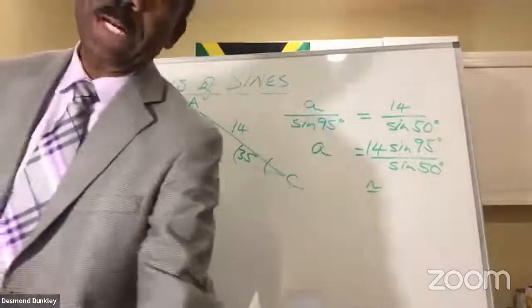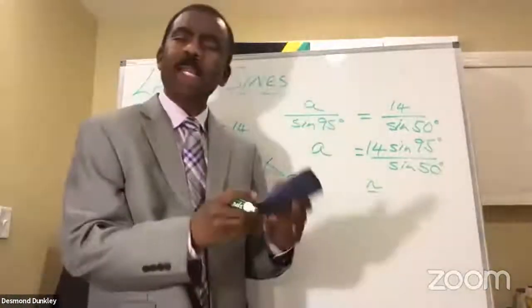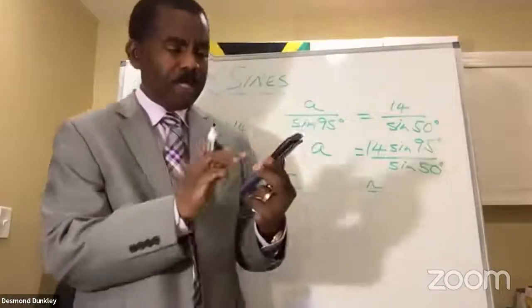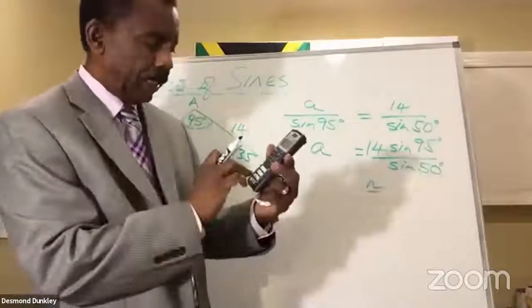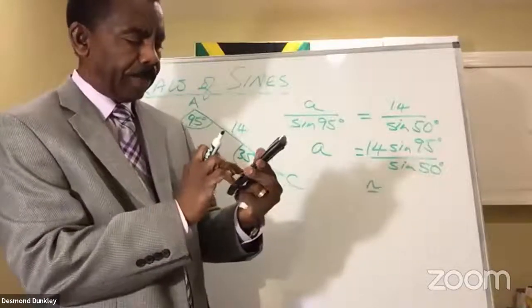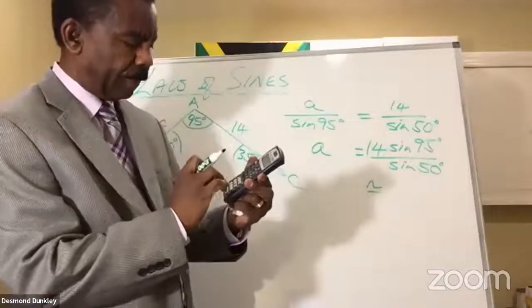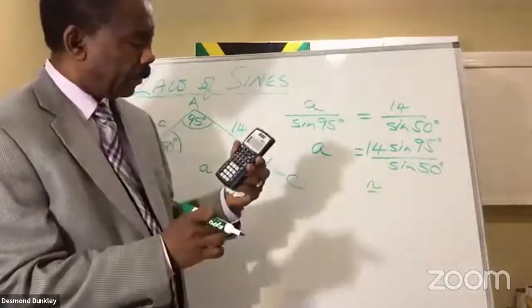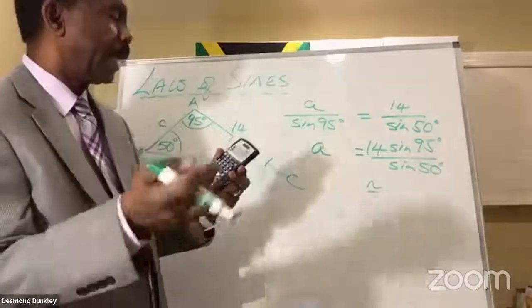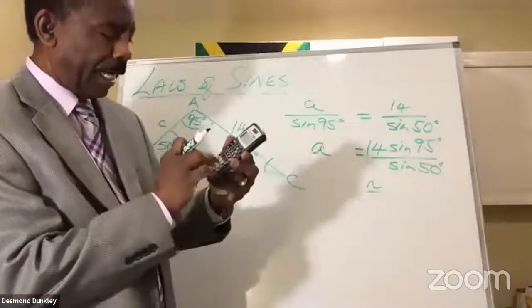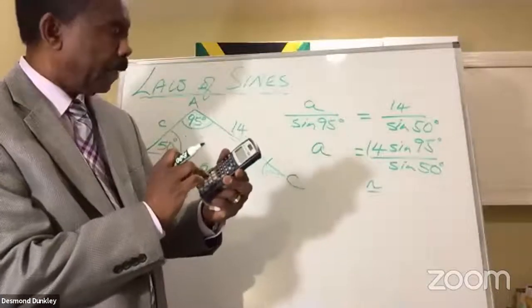this is when you take your calculator and your calculator will do the work for you. So we go 14 times sine of 95. And that's equal to 13.946 and so on. And I'm going to divide by sine of 50.